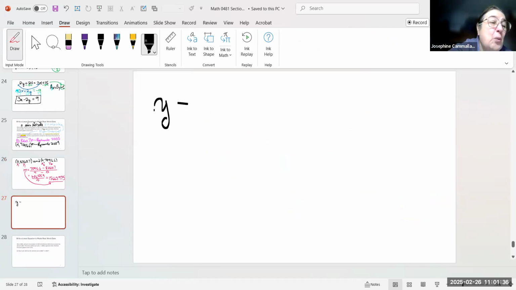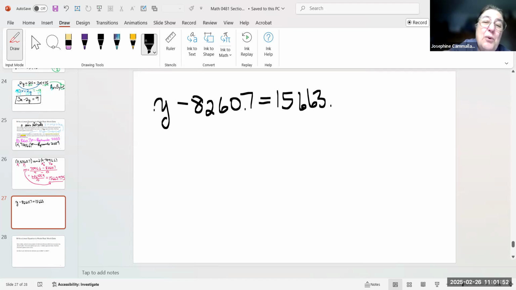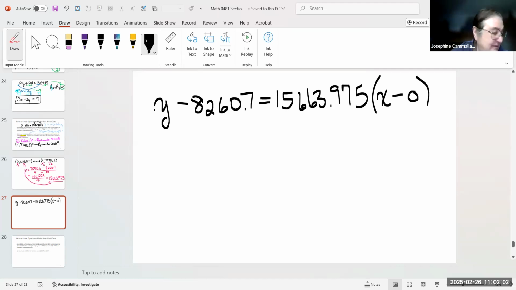Now remember, y1 is 8260.7, is equal to my slope, 15663.975 x minus 0.